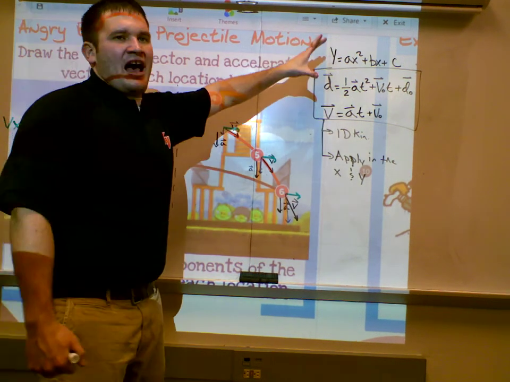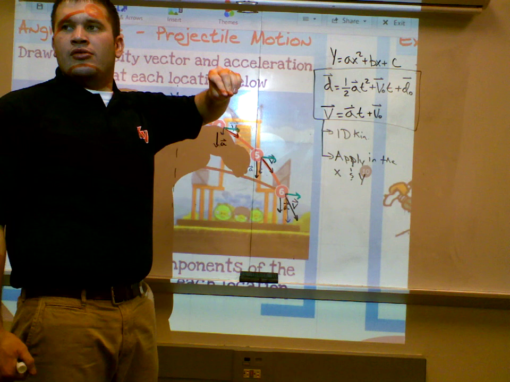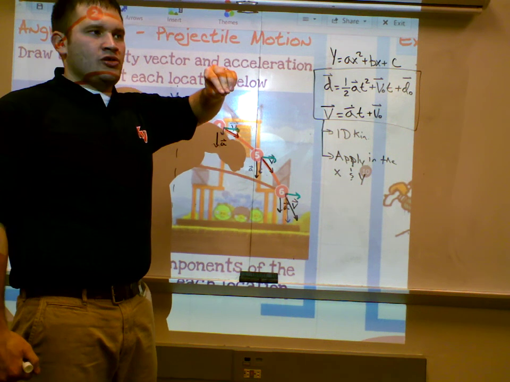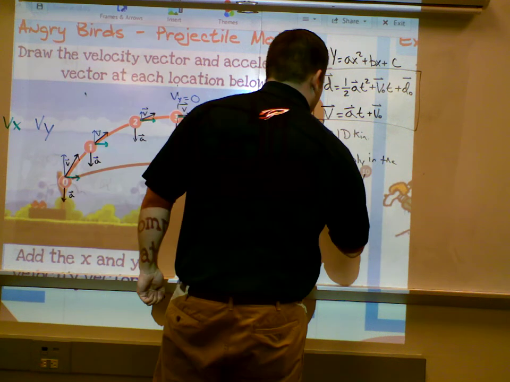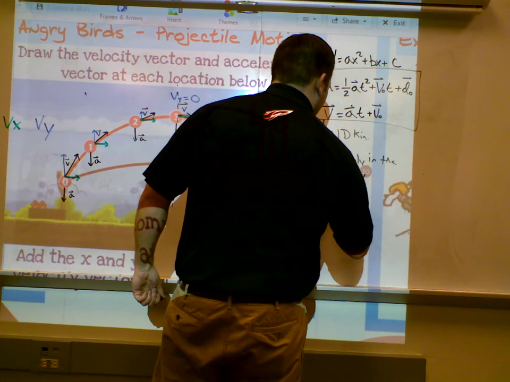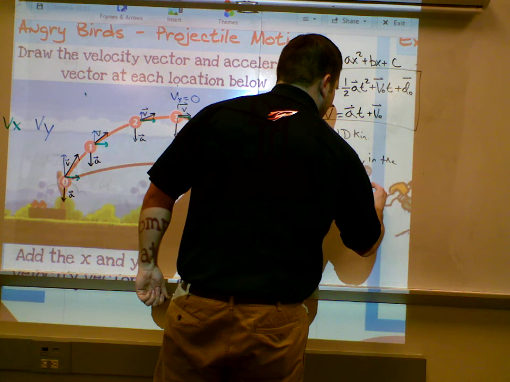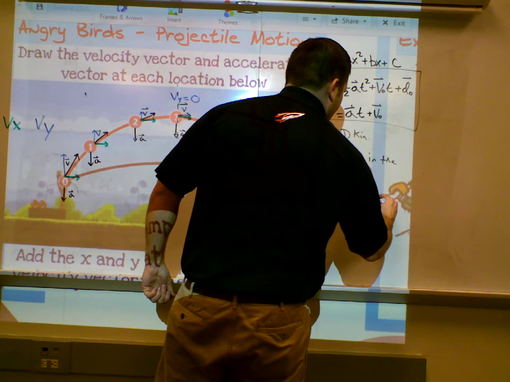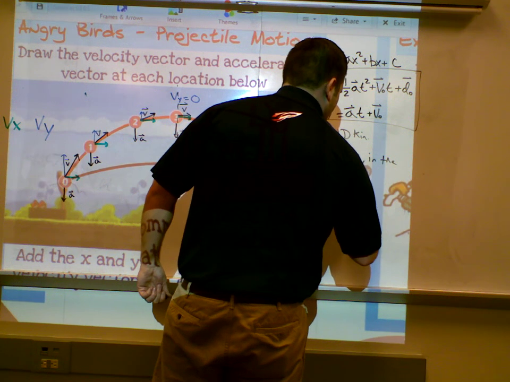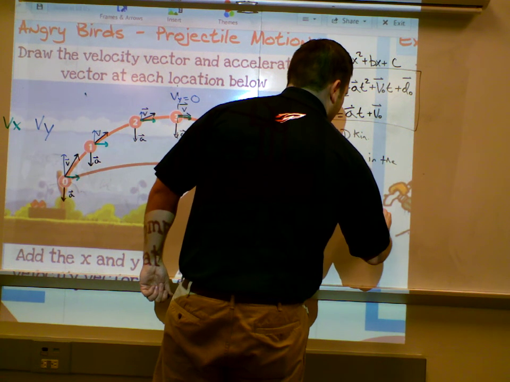So that means the time is the same in both equations, in both directions. And that's the last very important thing for today. T is the same in the x and y direction.